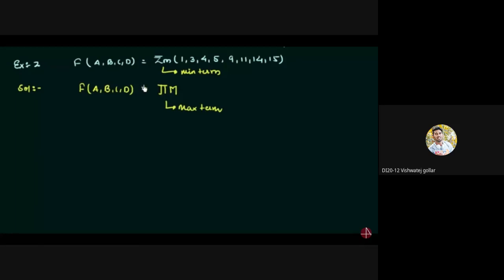So you clearly know for what values this function f is 0. It's actually 0 for the terms which are not involved in this minterm list. So we can see that 0 is not involved, so it is 0 for m0.